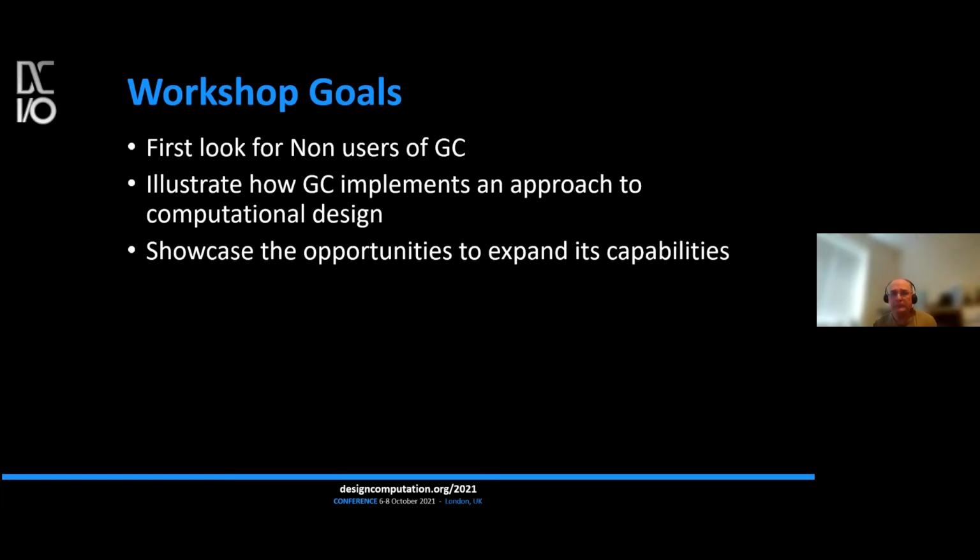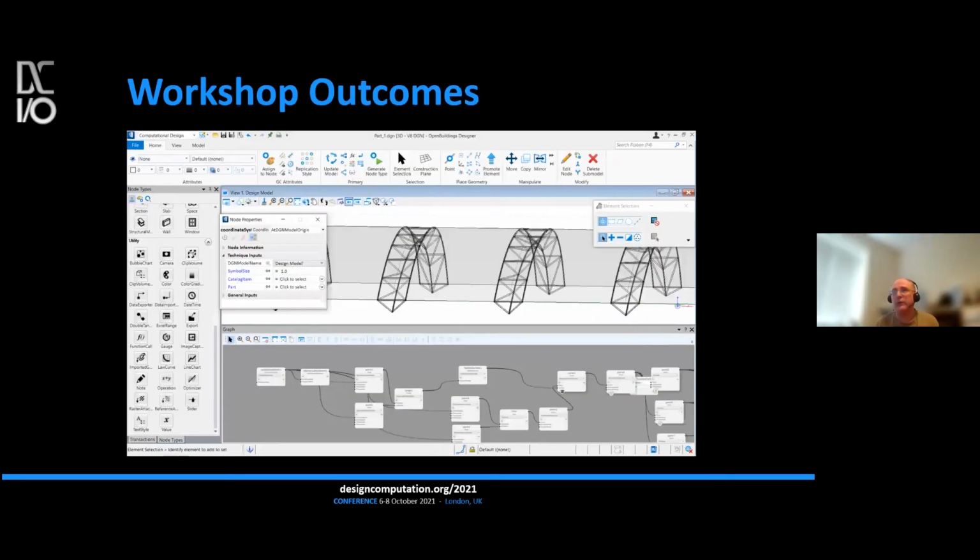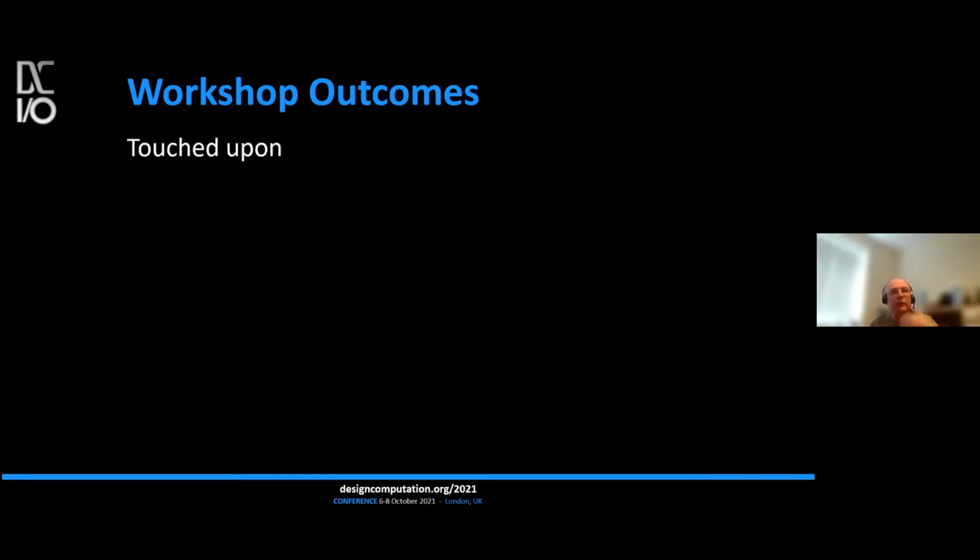So what we did was we obviously had a look at using the tool, and we spent some time just looking at how the people, the humans, interacted with the tool.